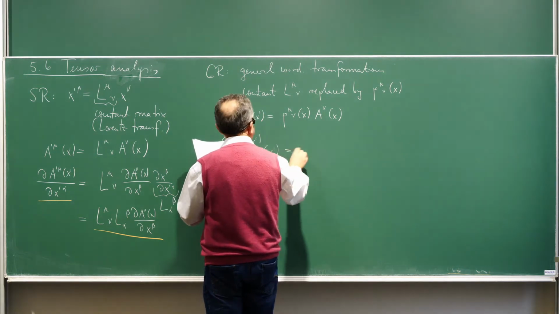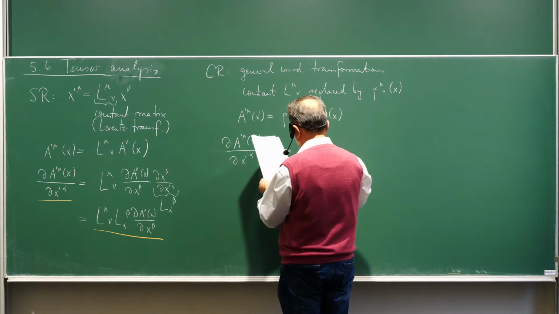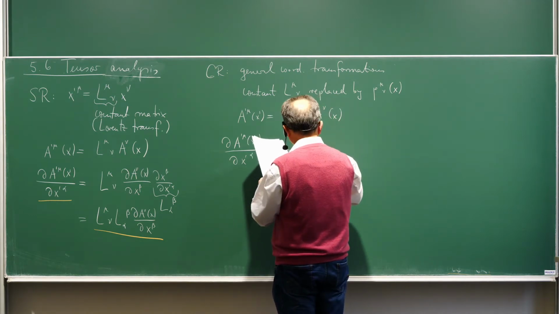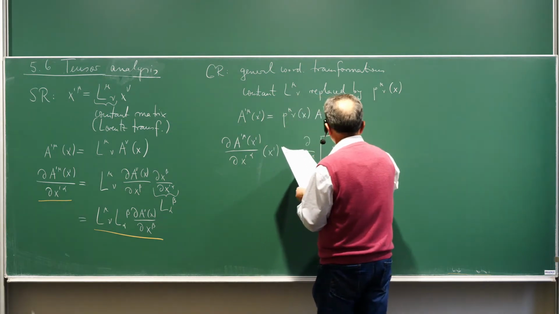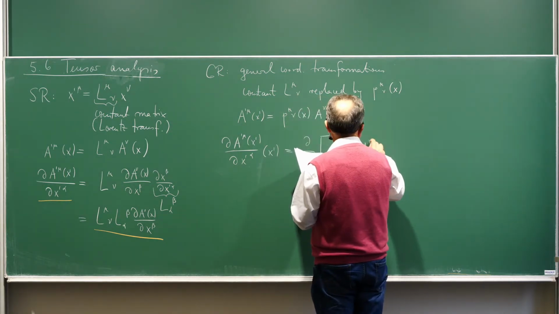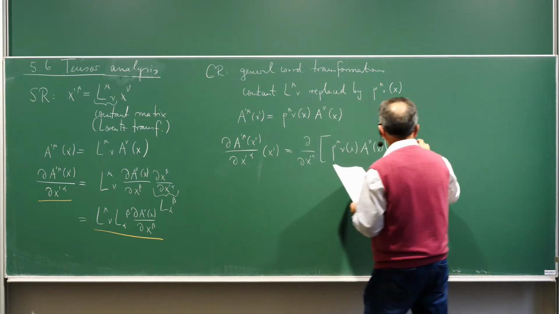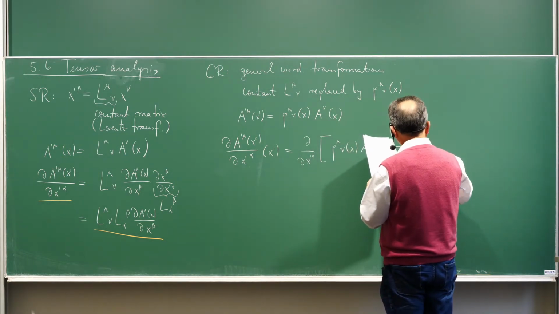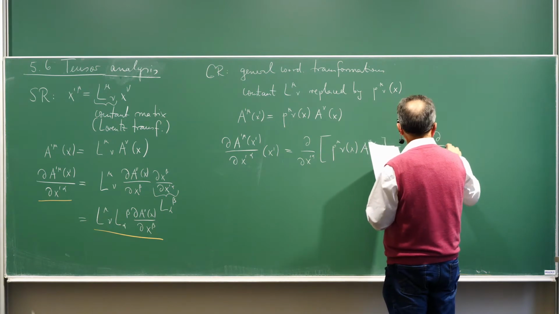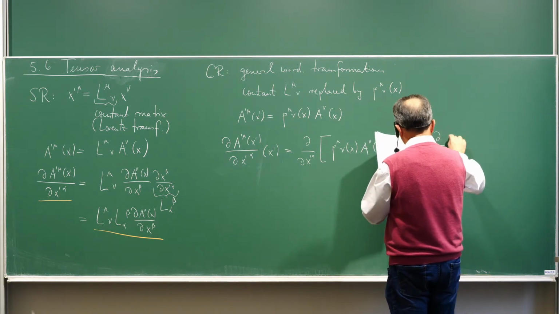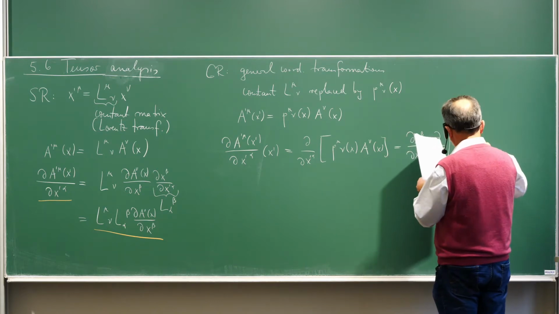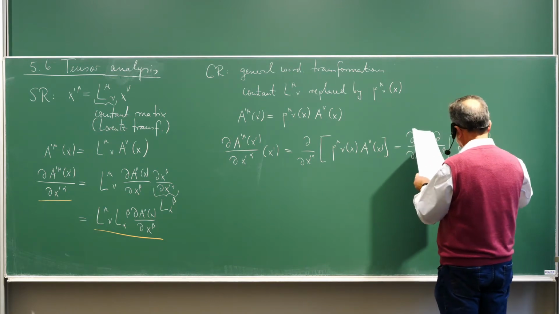Then we have to differentiate the whole right side of the equation, and chain rule tells us this is dx beta over dx prime alpha times d over dx beta of P mu nu A nu.